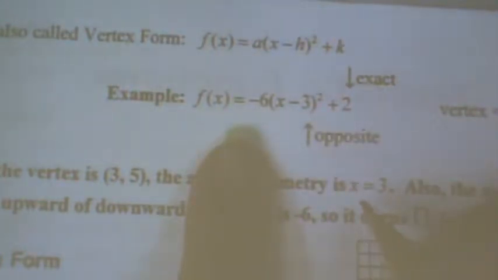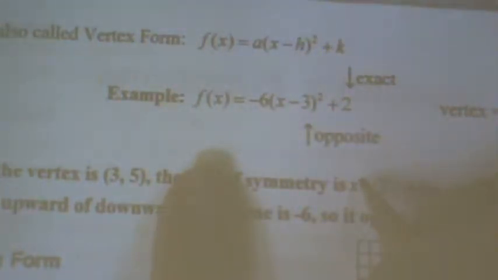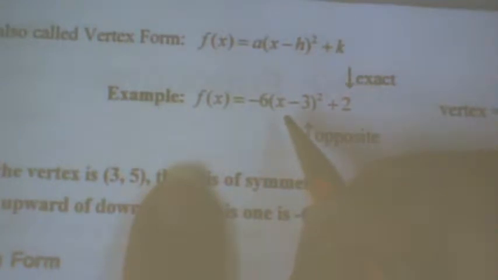If it's a positive number, it's going up. If it's a negative number, it's going down. Then this is your axis of symmetry. Do you remember this? x equals 3, that's your axis of symmetry. And (3, 2) is your vertex. So there's 3 things I just gave you without even doing any math. It's just knowing what to get out of this when it's in this form.